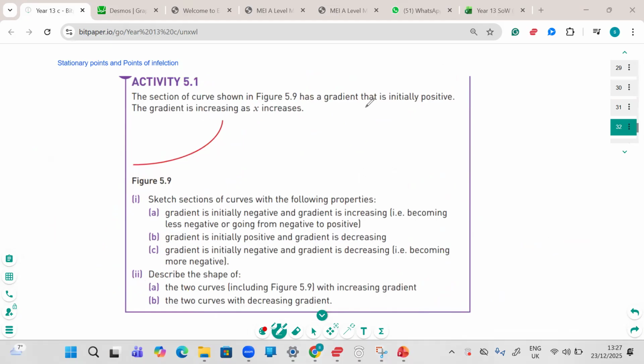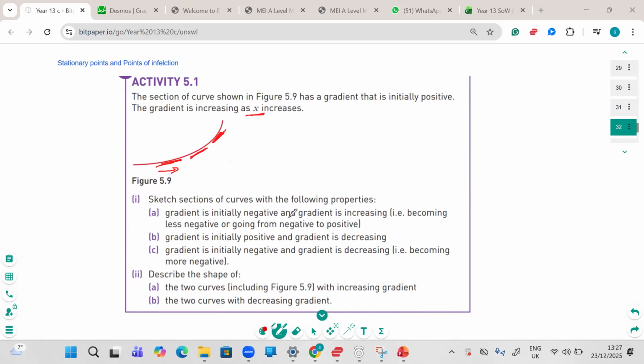The curve has a gradient initially positive. The gradient is increasing as x increases from left to right. You need to sketch the curves. If you haven't done it before, even now you can pause the video and try that. You need to sketch the curves with the following properties.